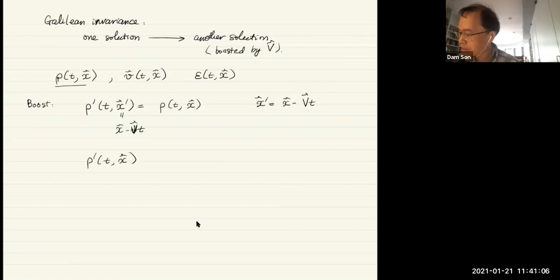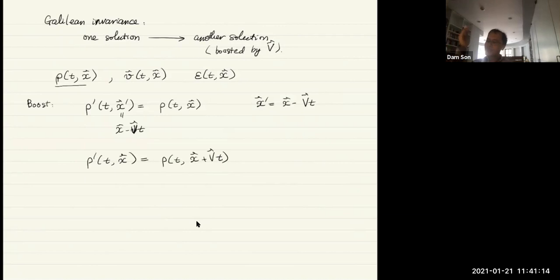At the same place, x now is equal to x plus v times t, which means I now have a new field at point x, time t. Its value is equal to rho of the old field configuration at time t and x plus vt.